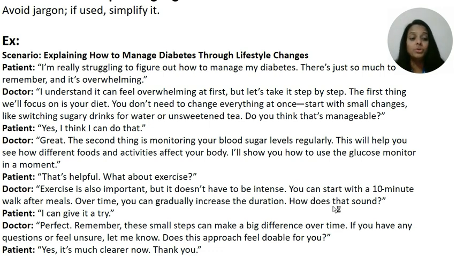You can just start with a 10-minute walk after meals. Over time, you can gradually increase the duration. How does that sound? I can give it a try. Perfect. Remember, these small steps can make a big difference over time. If you have any questions or if you feel unsure, let me know. Does this approach feel doable for you? Yes, it's much clearer now.